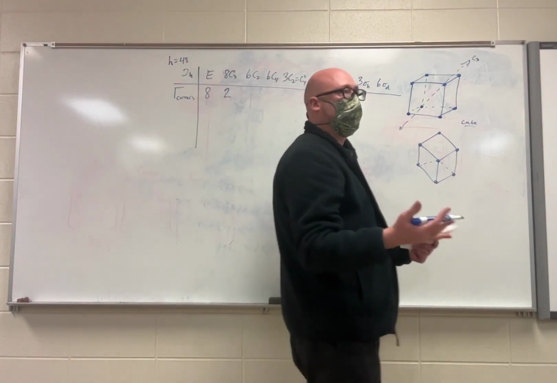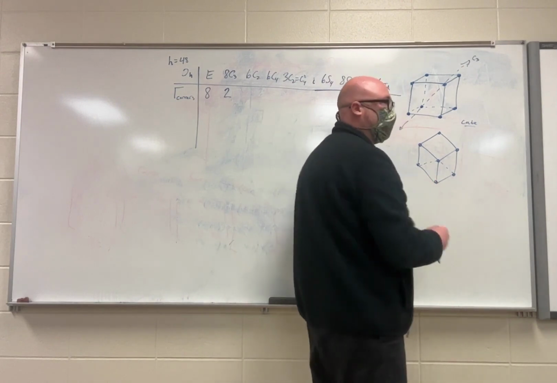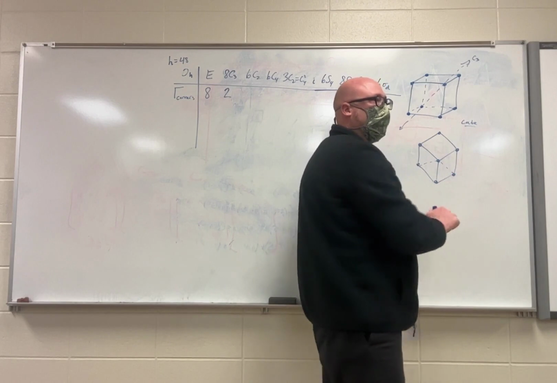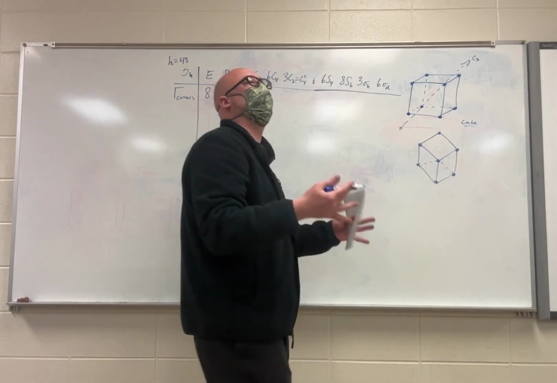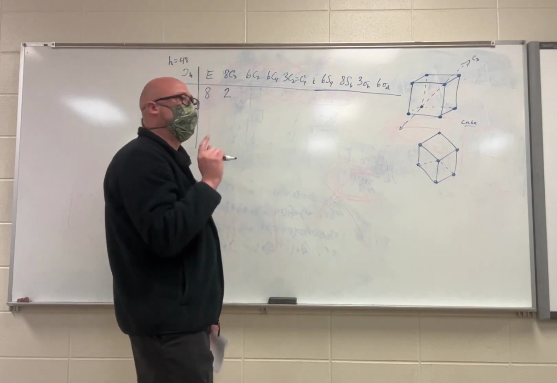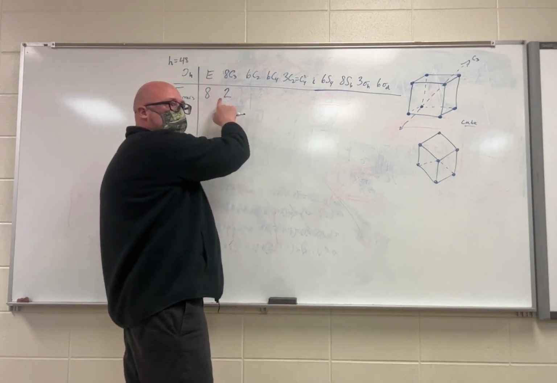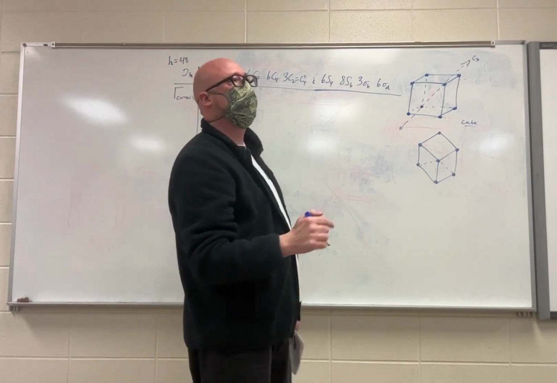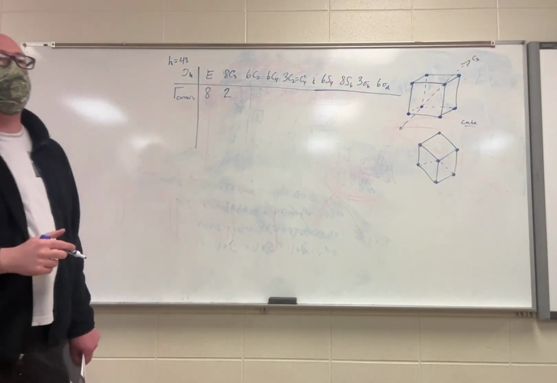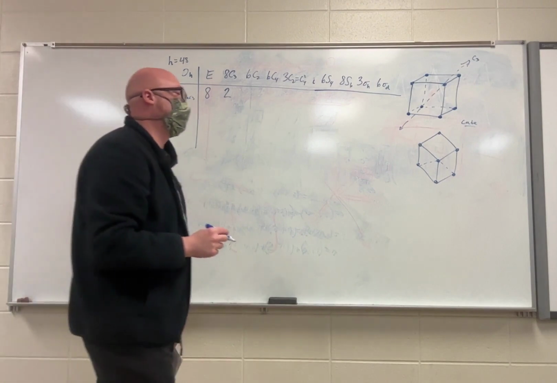And so they don't contribute anything to the character. Or just qualitatively, I can see this point moves to some other point. It's not going to contribute to the character. It contributes 0 to the character. All right, so I only have 2 points that contribute 1 to the character each, and the other 6 contribute 0 to the character, and that gets me the value 2 here in this reducible representation.